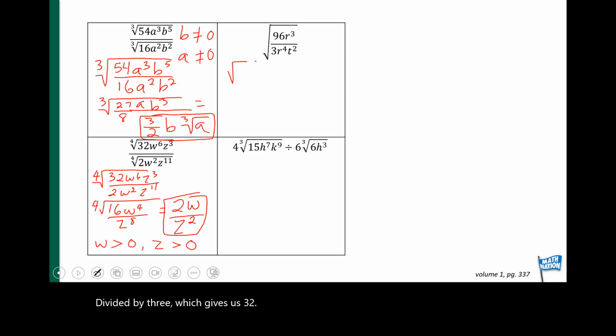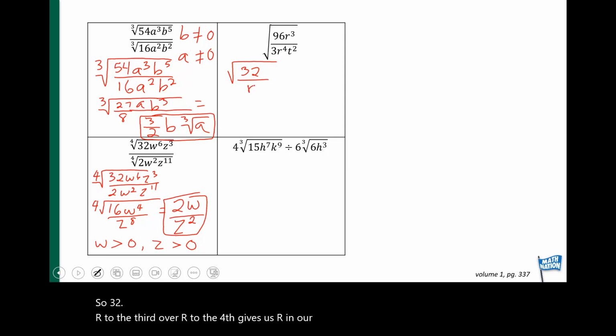So we'll have the square root of 32, and r to the 3rd over r to the 4th gives us r in our denominator, and t to the second is already in the denominator, so we leave it there.